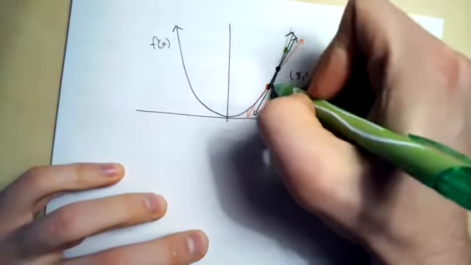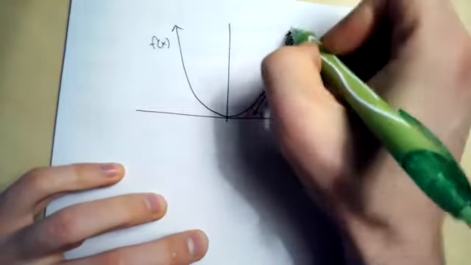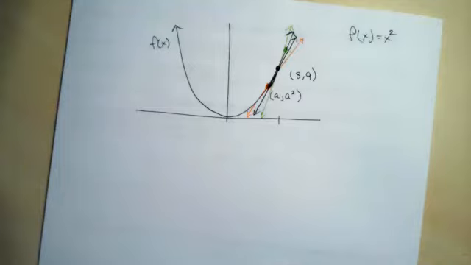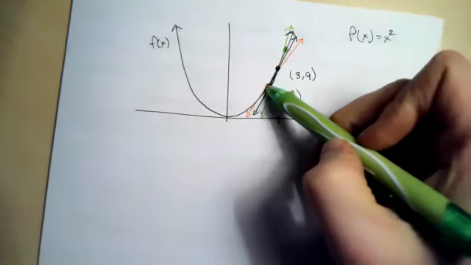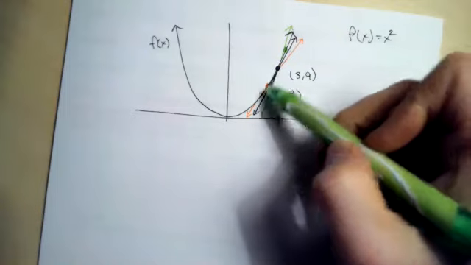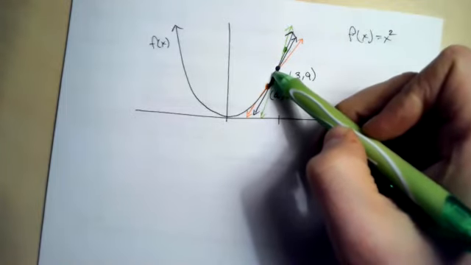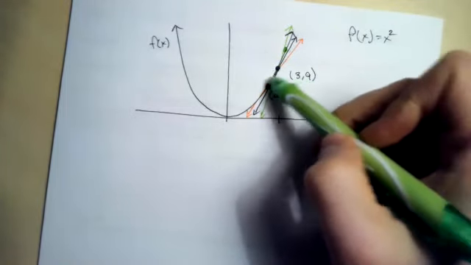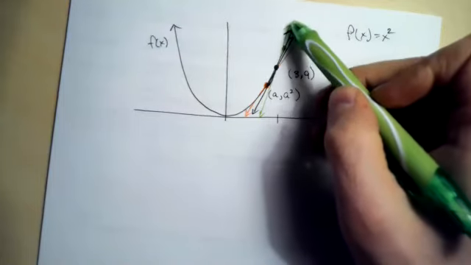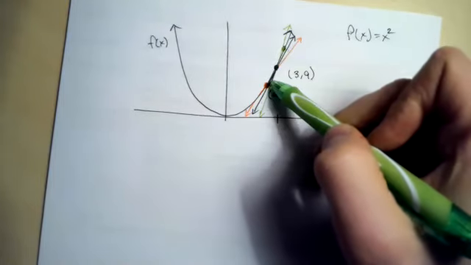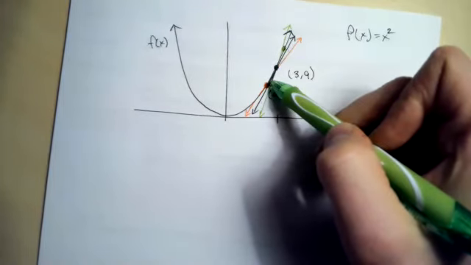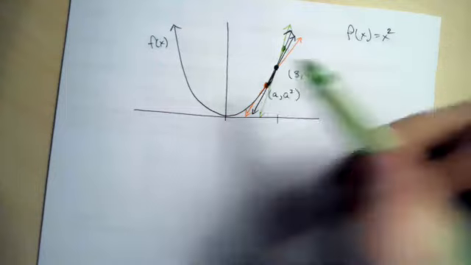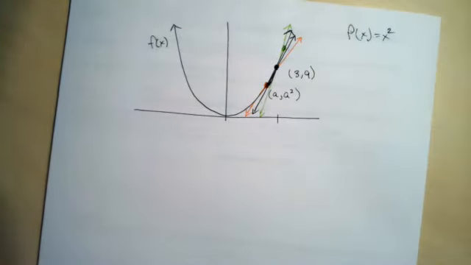In both cases, we're getting secant lines, and the slopes are pretty close to what we are wanting to approximate. And as I move that extra point closer and closer to this 3, 9, the slope of the secant line is going to get closer and closer to the slope of the tangent line. And so what we're going to do is approximate that and try to compute the limit.